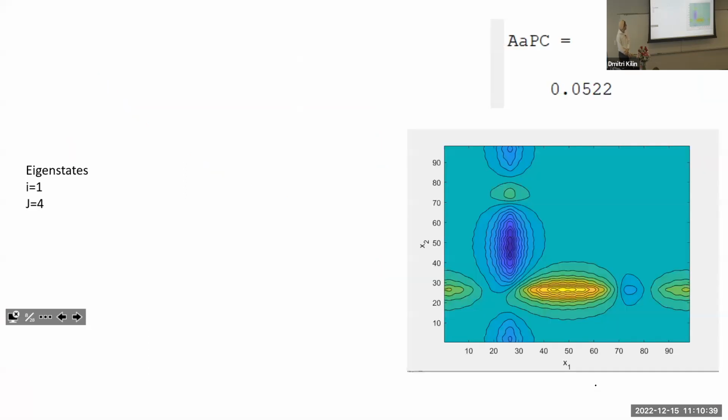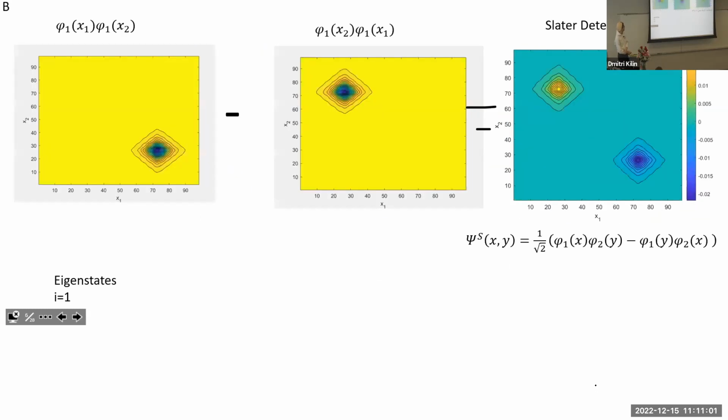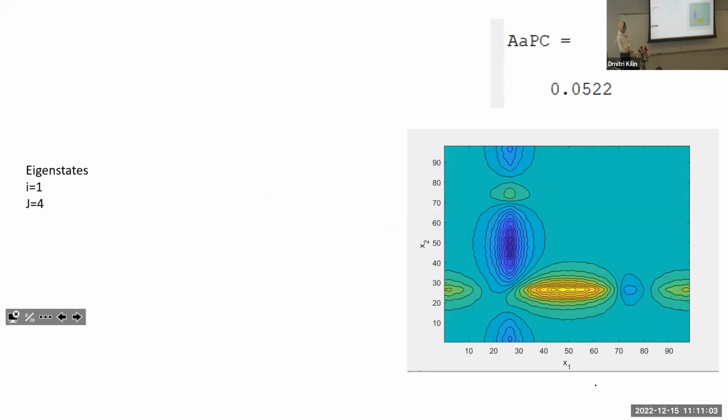And then leading into my last figure, which is changing the eigenstate values to 1 and 4. This is just the Slater determinant, also at the 2.5 nanometer distance. Compared to the 2.5 right here, there's a lot more going on in the figure.